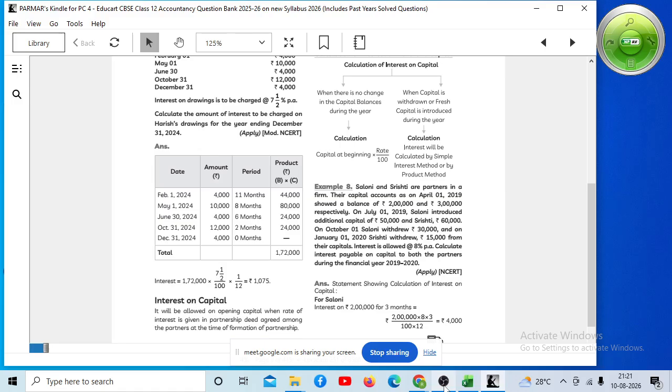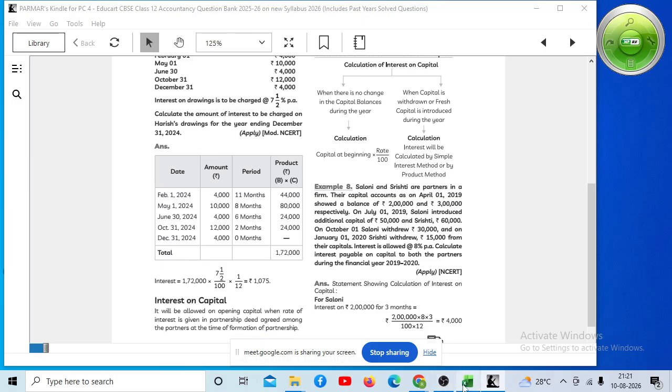On October 1, Saloni withdrew 30,000 and on January 1, Srishti withdrew 15,000 from their capitals. Interest is allowed at the rate of 8% per annum. Calculate interest payable on capital to both the partners during the financial year 2019-20, right? So in short, we have to calculate interest on capital.